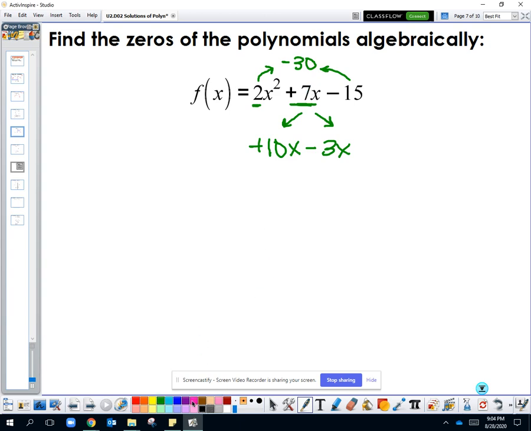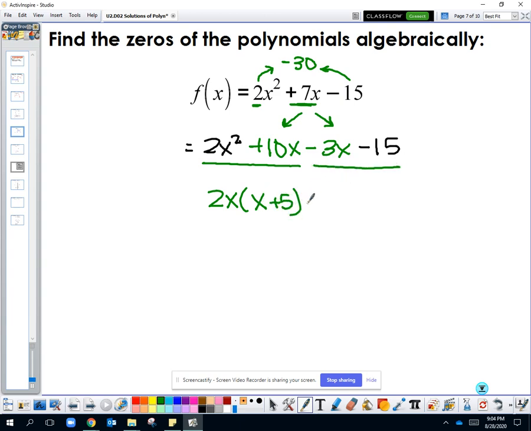So I'm basically splitting apart the middle term, and then I copy down my first and last terms, all in line with that polynomial. And now that I have 4 terms, I can factor by grouping. The greatest common factor of the first 2 terms is 2x, and I'm left with x plus 5. The greatest common factor of the last 2 terms is negative 3. Again, I'm left with x plus 5.